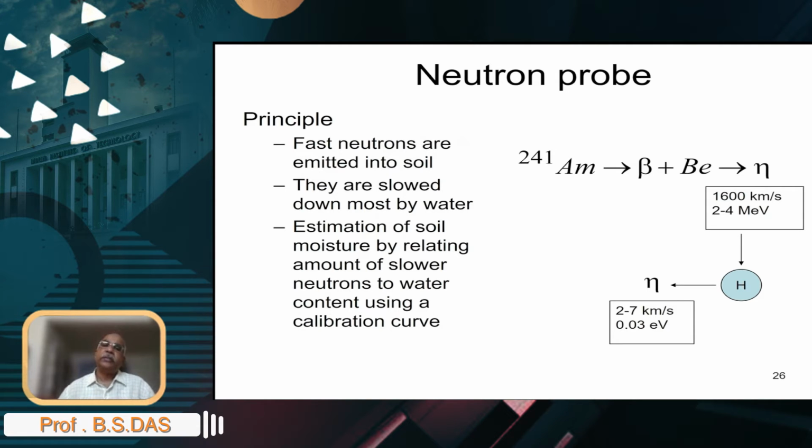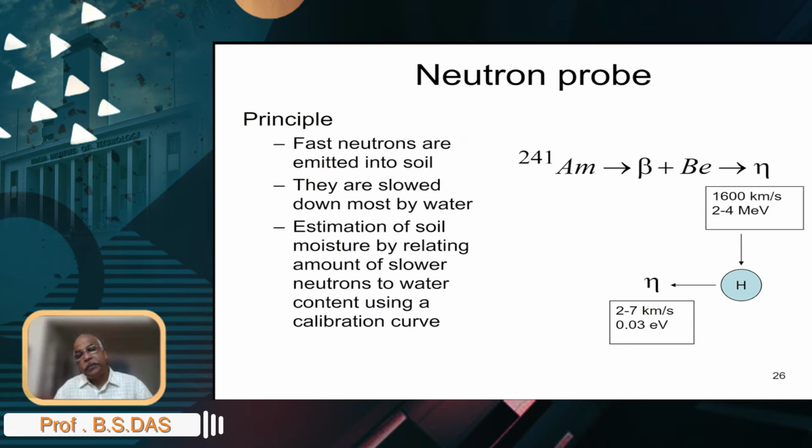The collision is inelastic, and so multiple collisions take place, and in the process they lose a substantial amount of energy and come down to an energy level as low as about 0.03 electron volt, and these become very slow, with a speed of about 2 to 7 kilometers per second.